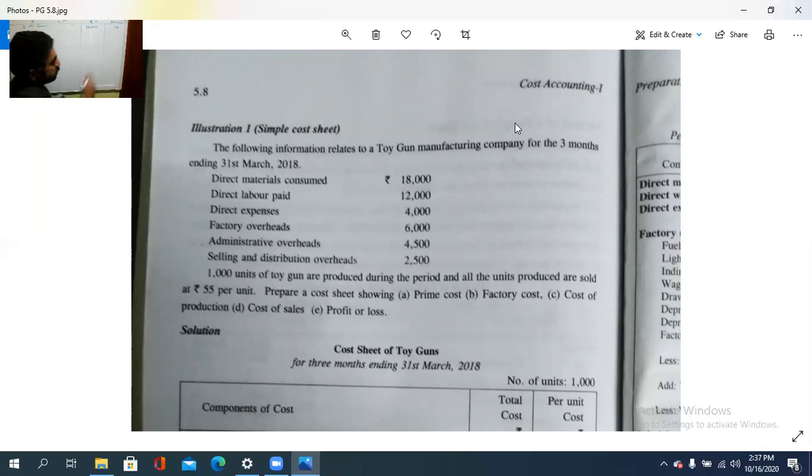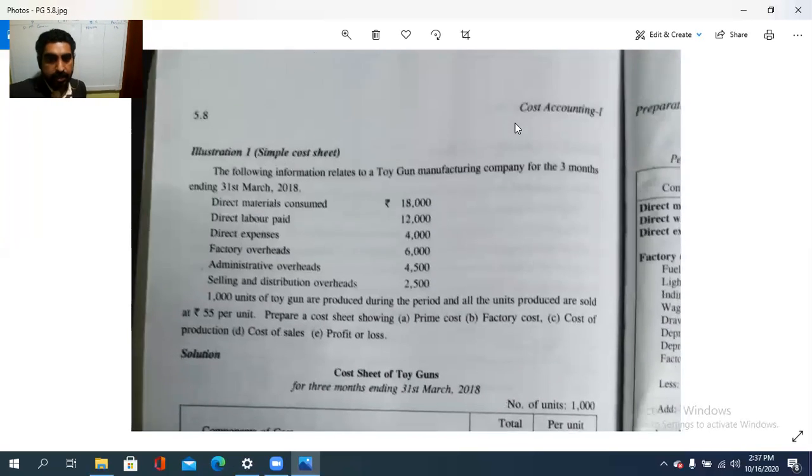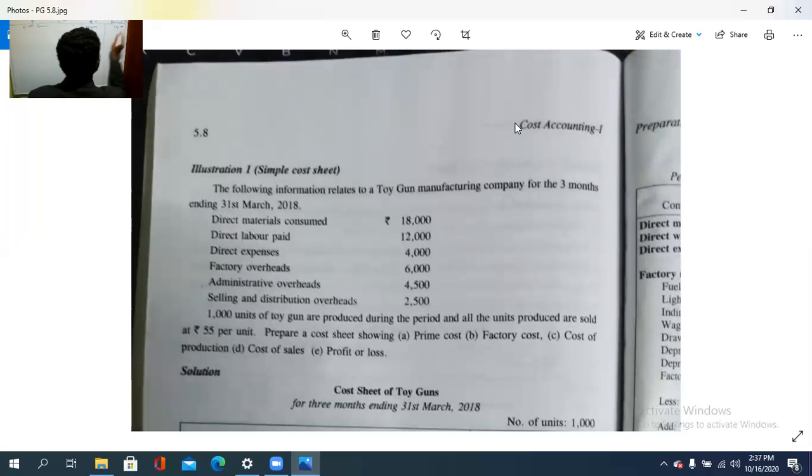So 18, isn't it? 18 in this way. Okay. Then direct labor, how much is it? 12,000. So 12. Then direct expenses on top, 4,000. So 4. Prime cost, how much?